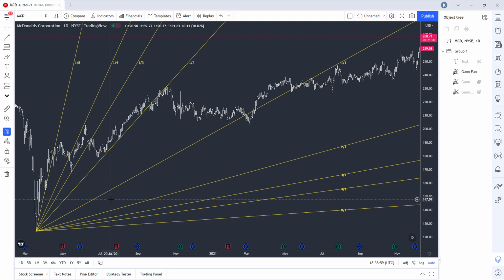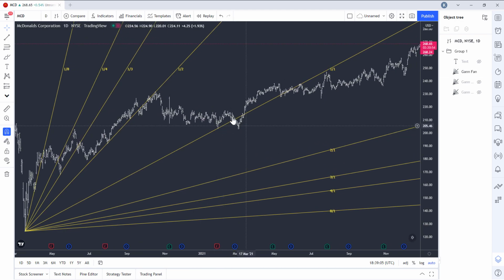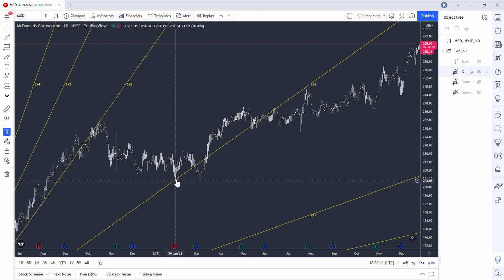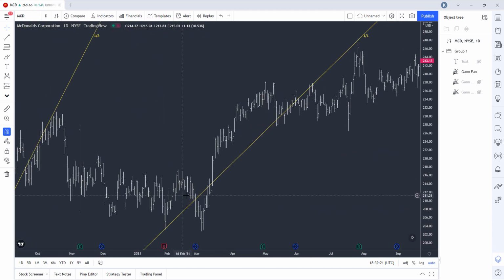So this is how the angles should be drawn, which I already showed you some proofs of from W.D. Gann's own writings, right? You can see here how it acted as support. This is a flaw and it has a reason to it. If you had the time cycle dates, you would have easily got this.